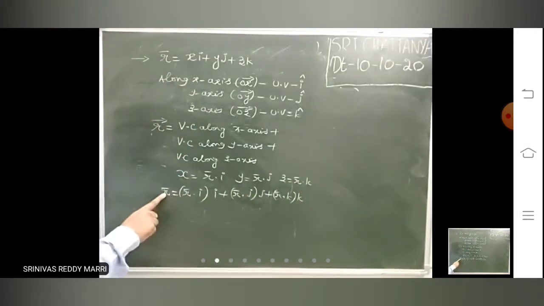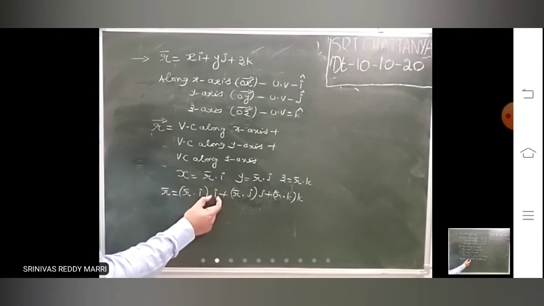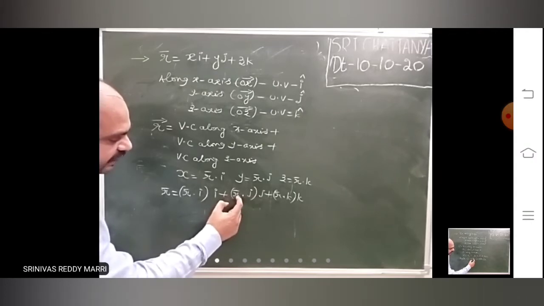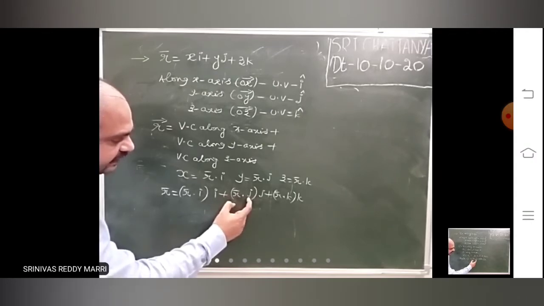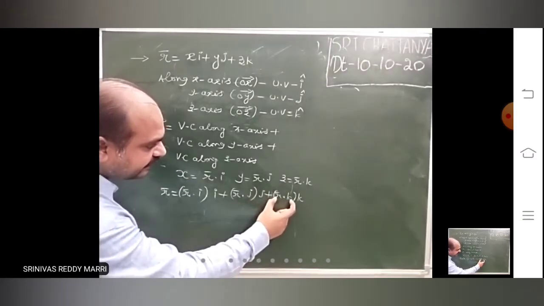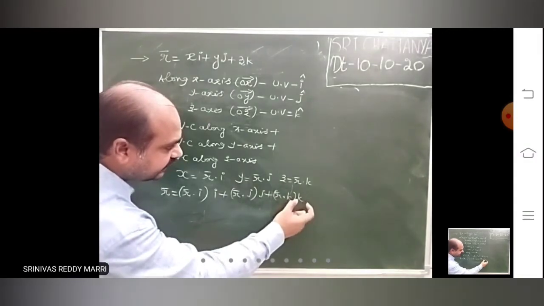So the required vector is r bar dot the unit vector along OX into the unit vector along OX, plus r bar dot the unit vector along OY into the unit vector along OY, plus r bar dot the unit vector along OZ into the unit vector along OZ.